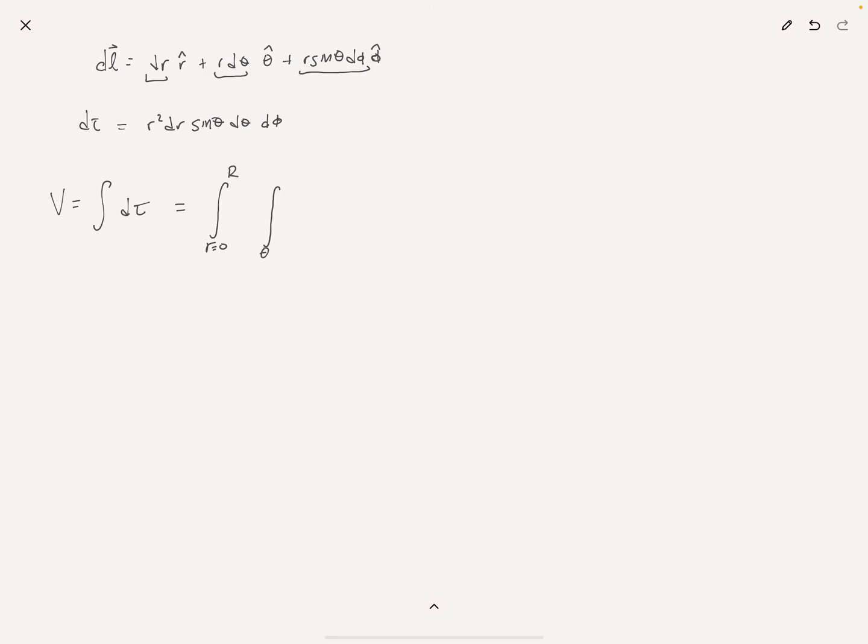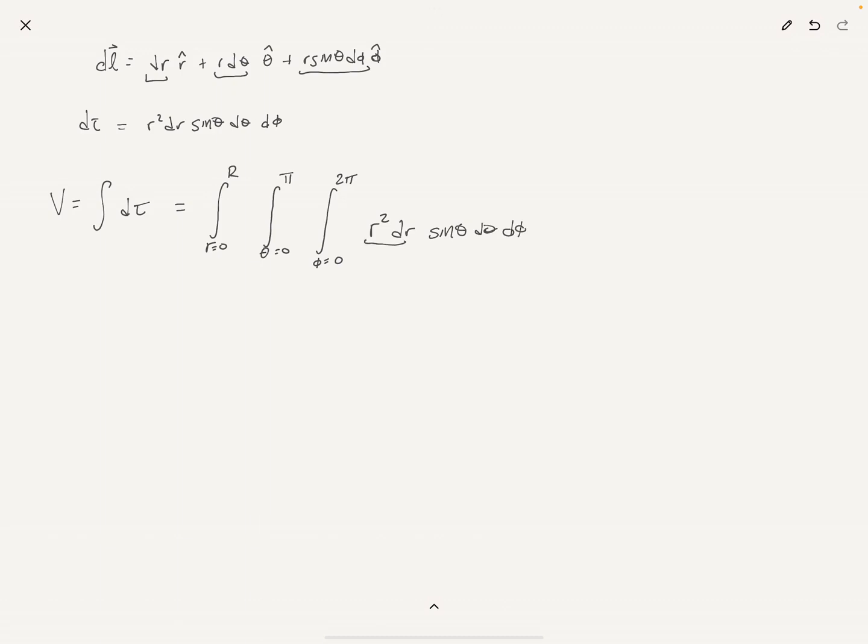Well, theta can take on values from 0 to pi, and phi can take on values from 0 to 2 pi. Then I integrate that infinitesimal element, r squared dr sine theta d theta d phi.